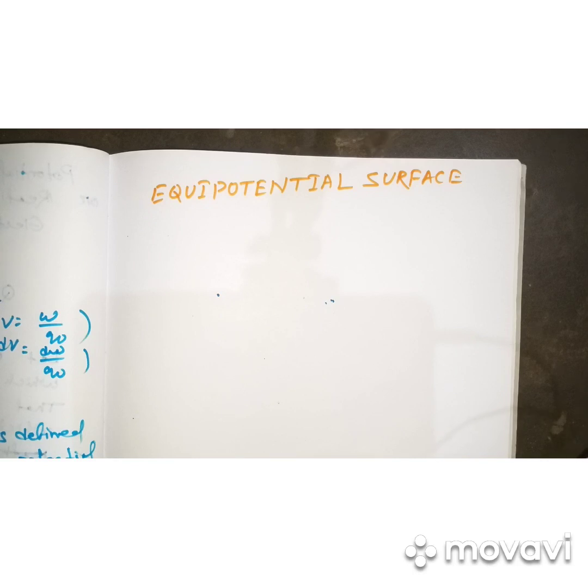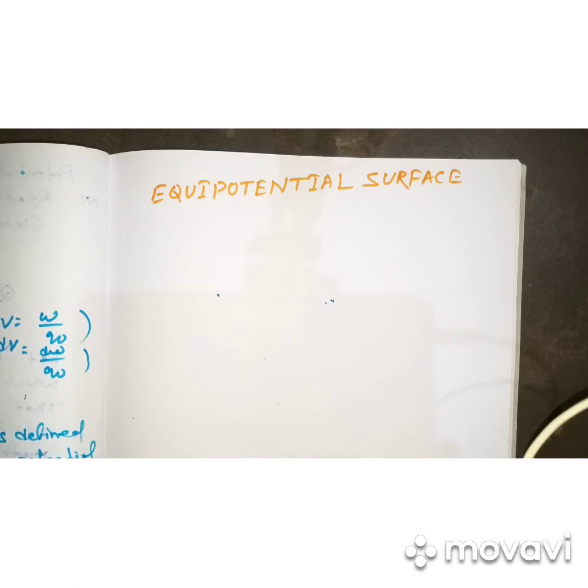What do you mean by equipotential surface? Equi means same. So equipotential surface means each point on the surface, the potential remains the same or constant, known as equipotential surface.